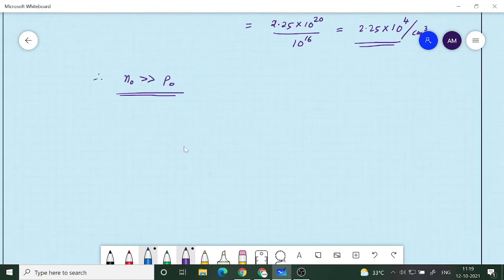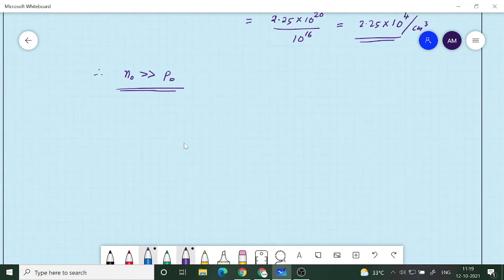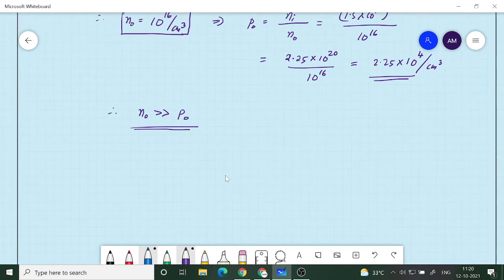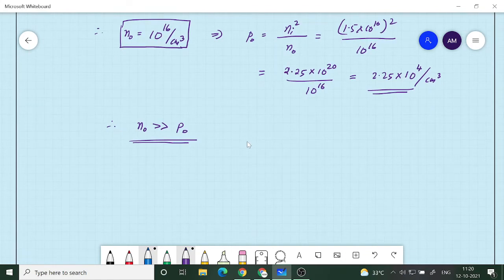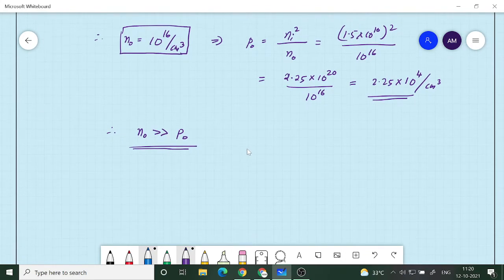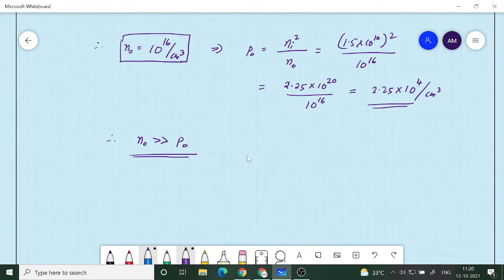So this is at room temperature. Now if I increase the temperature to a much larger temperature, then Ni will grow exponentially. Yesterday we did a problem with 300 Kelvin and 450 Kelvin, and there were around 4 orders of magnitude change.